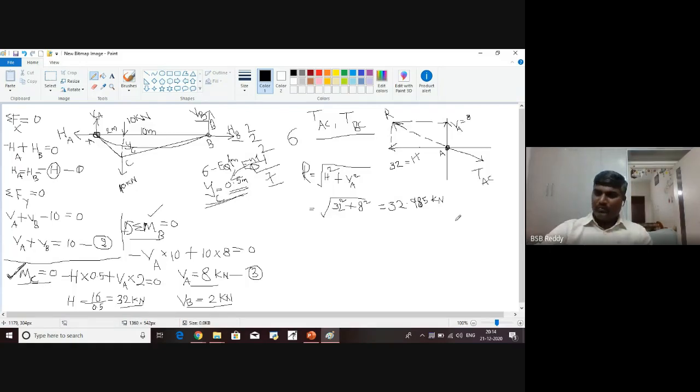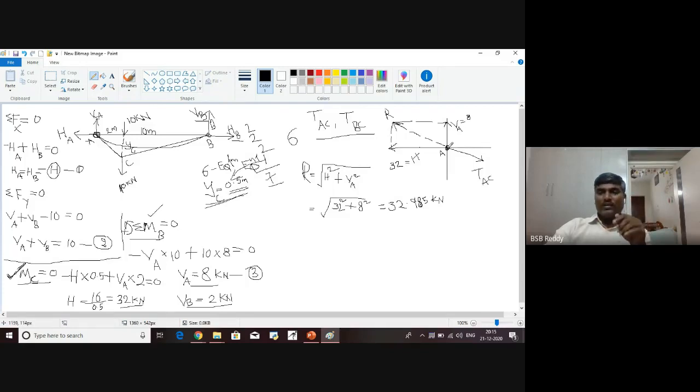Now how many forces are acting at A? There are only two forces. A is in equilibrium. If any body is in equilibrium and only two forces are acting, those two forces should be equal in value, opposite in nature, and shall act along the same line of action.